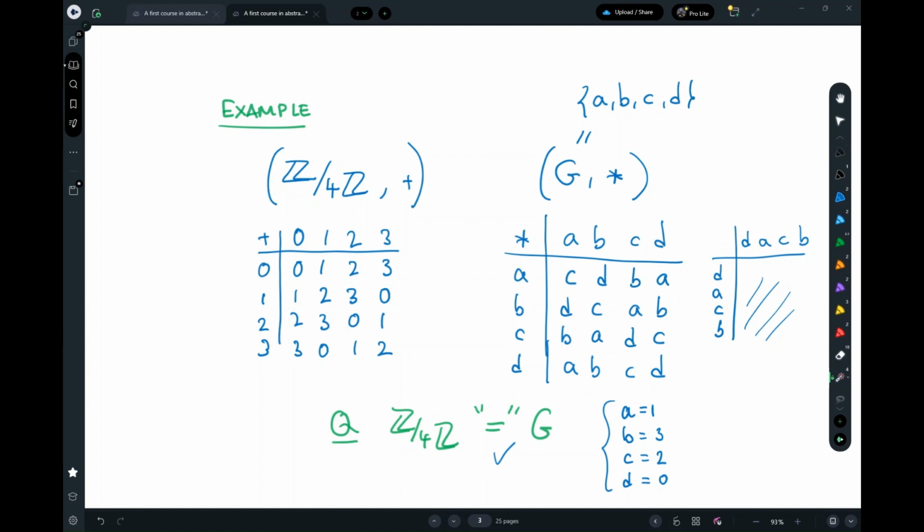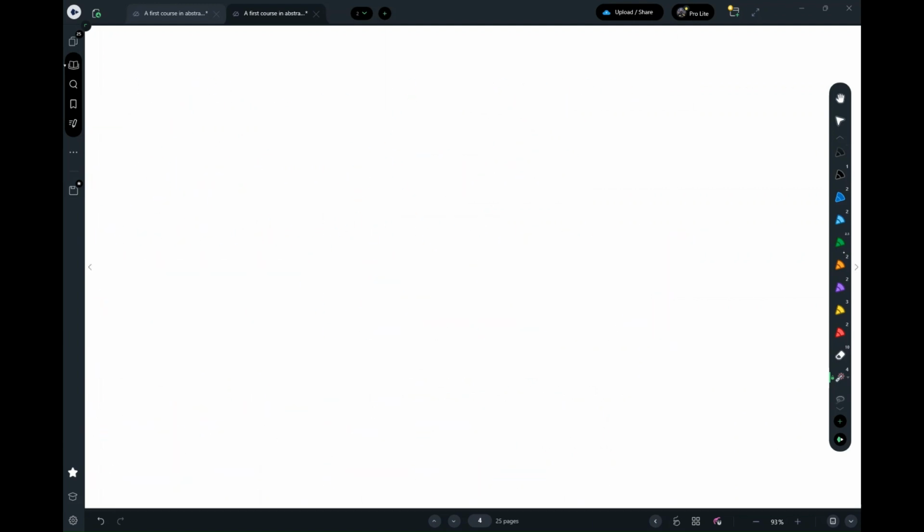And now what I would like to do is try to see how groups are different. So here's an example of classification of finite groups. Here n is going to be 8. So I'm looking for groups such that the order is 8.